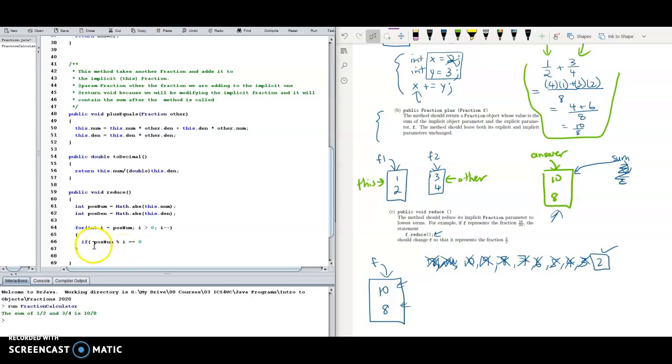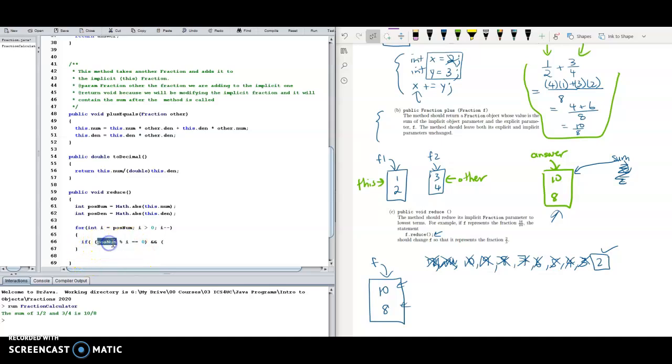So that's checking to see if i is a factor of the numerator. And if you modulo and get a remainder of 0, then that means it's a factor.